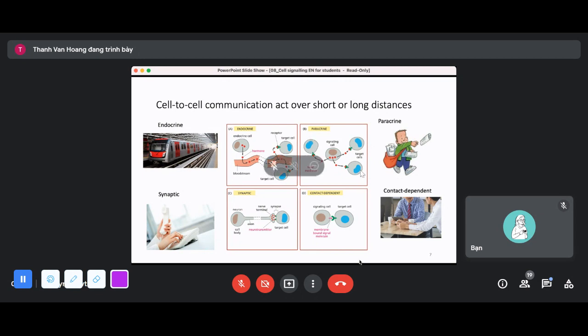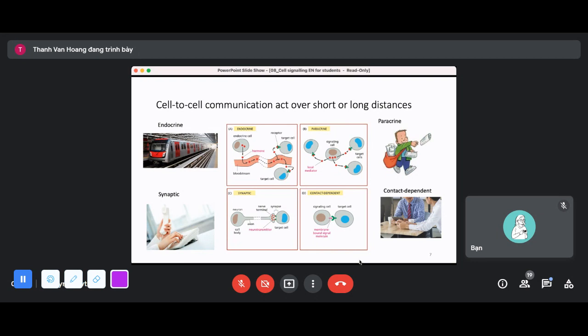Bởi vì qua ví dụ này các em sẽ thấy cell signaling thực ra rất sát sườn với chúng ta, tức là giao tiếp giữa tế bào và tín hiệu truyền từ môi trường bên ngoài vào bên trong tế bào như thế nào, là những hoạt động diễn ra hàng ngày.